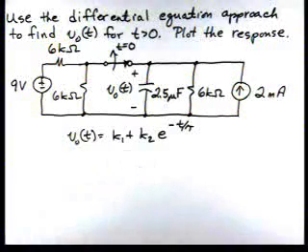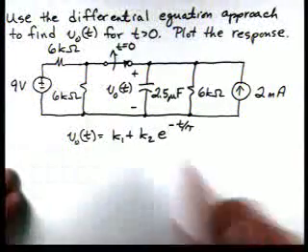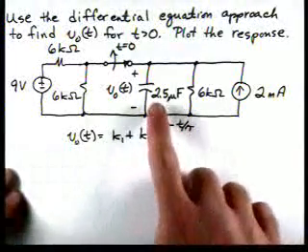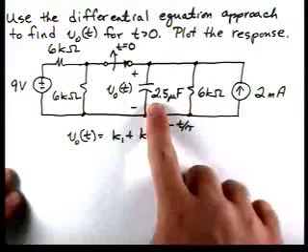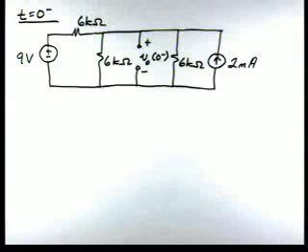Now to start our solution, let's draw the circuit at t equals 0 minus. We're going to assume the circuit's in steady state, so our capacitor will be replaced with an open circuit. Here's our circuit at t equals 0 minus.